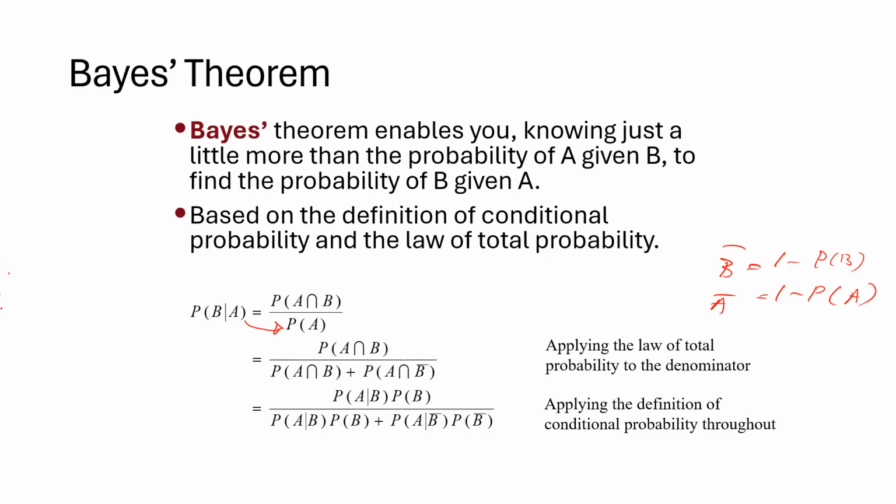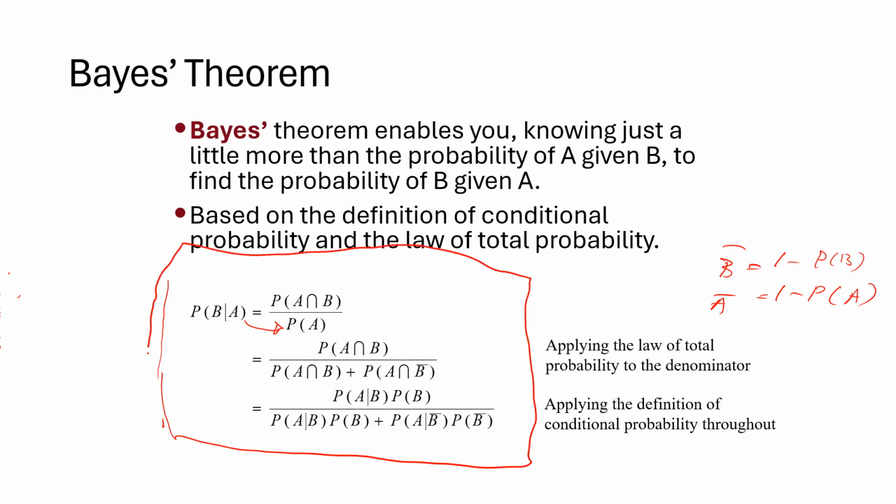So this is how Bayes' theorem is expressed when combining complements and the conditional probabilities, based on the definition of conditional probability and the law of total probability.